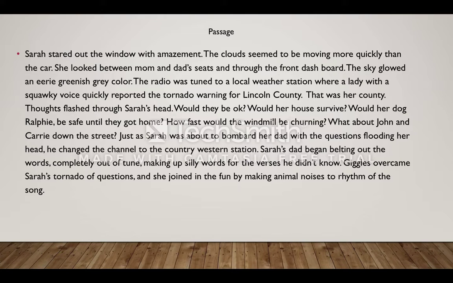How fast would the windmill be turning? What about John and Carrie down the street? Just as Sarah was about to bombard her dad with the questions flooding her head, he changed the channel to the country western station. Sarah's dad began belting out the words, completely out of tune, making up silly words for the verses he didn't know. Giggles overcame Sarah's tornado of questions, and she joined in the fun by making animal noises to the rhythm of the song.